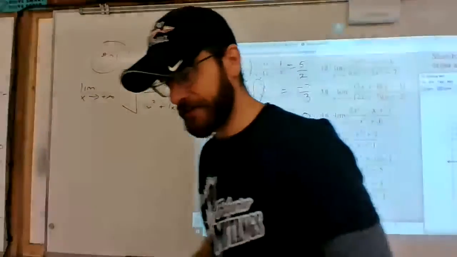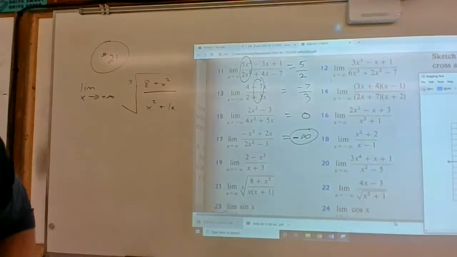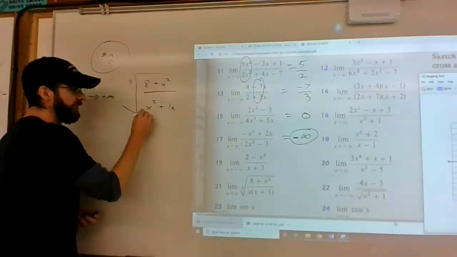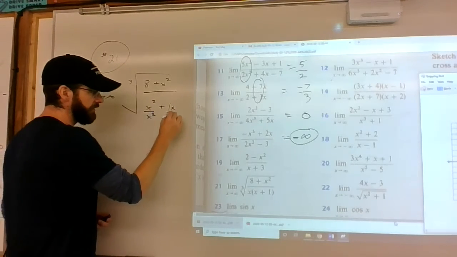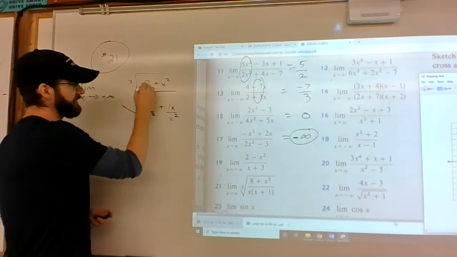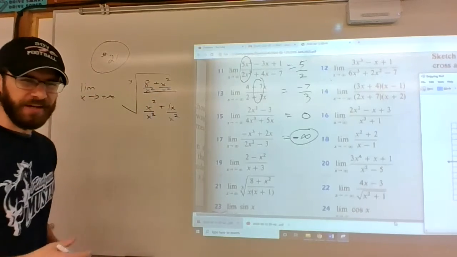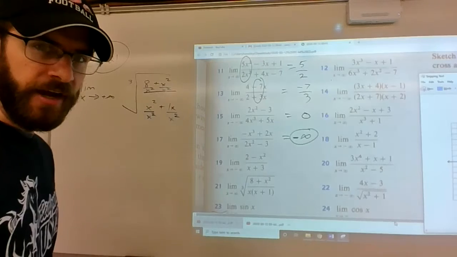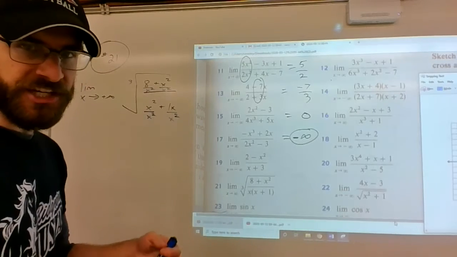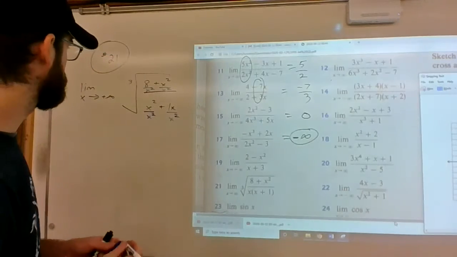Because here's what I'm thinking. The biggest power on the bottom is x squared, and I could divide that by the top as well. I can just pretend like the cube root's not there right now and do all this simplification inside of the root first.